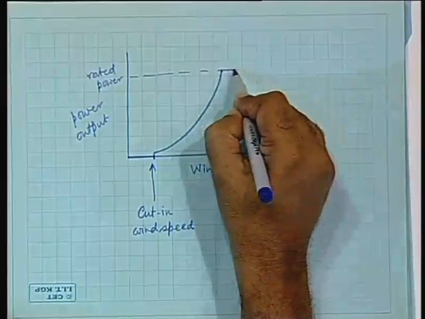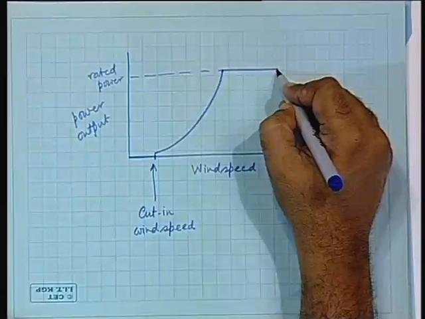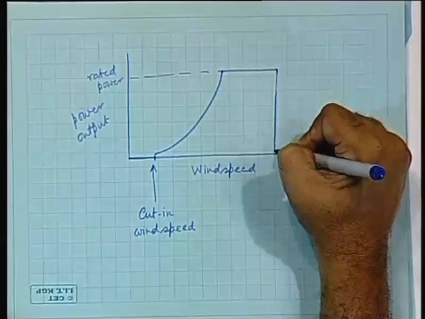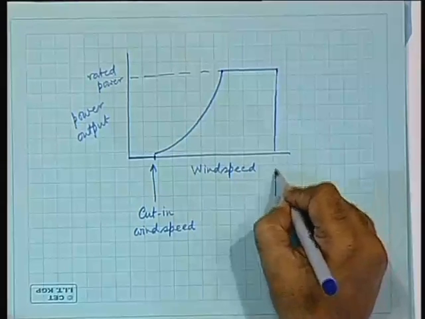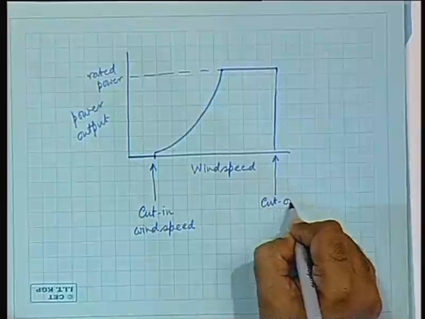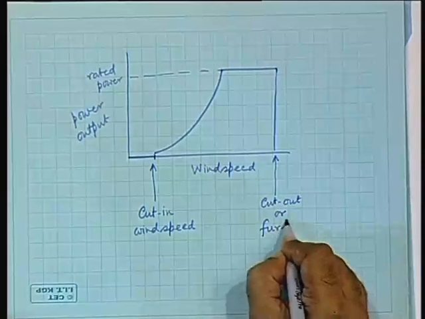So it will be kept constant at the rated power till a certain wind speed, beyond which it is dangerous to operate the wind turbine. So at that point it will be closed down. This is called cutout or furling wind speed.